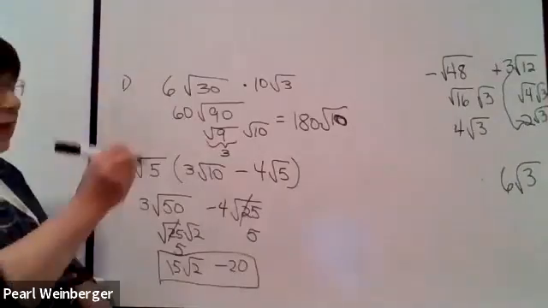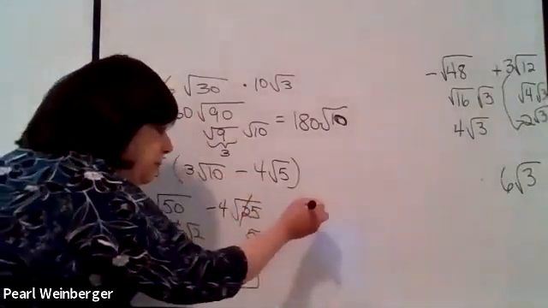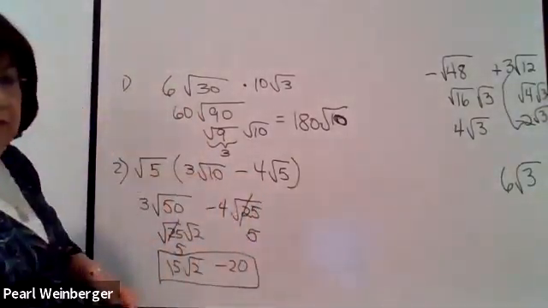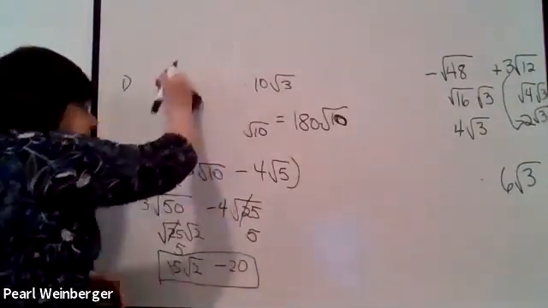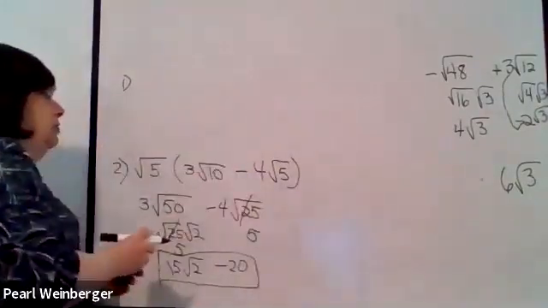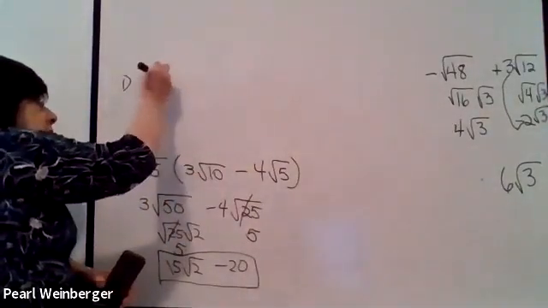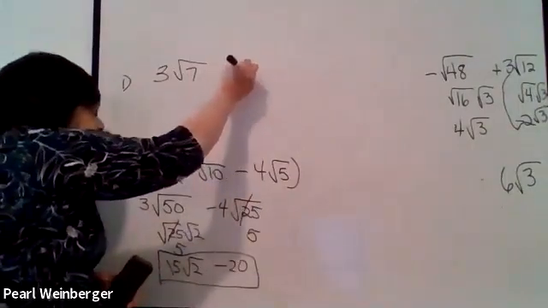I want to make a statement about multiplying something like, let me do a different problem. Suppose I had 3 radical 7 times 5 radical 7.